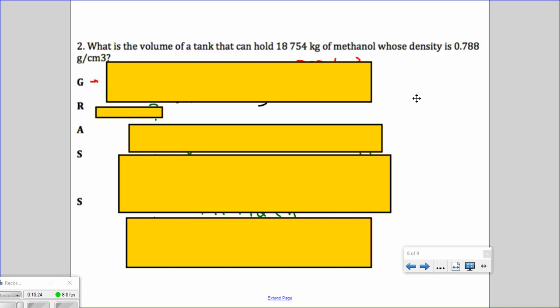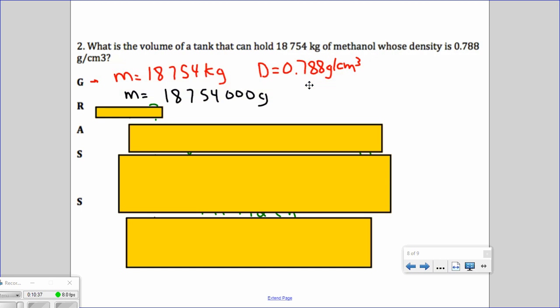In the next example, we're asked what is the volume of a tank that can hold 18,754 kilograms of methanol whose density is 0.788 grams per centimeter cubed. We'll identify the information that has been given to us: a mass of 18,754 kilograms and a density of 0.788 grams per centimeter cubed. Remember, density is always in grams per centimeter cubed or grams per milliliter.